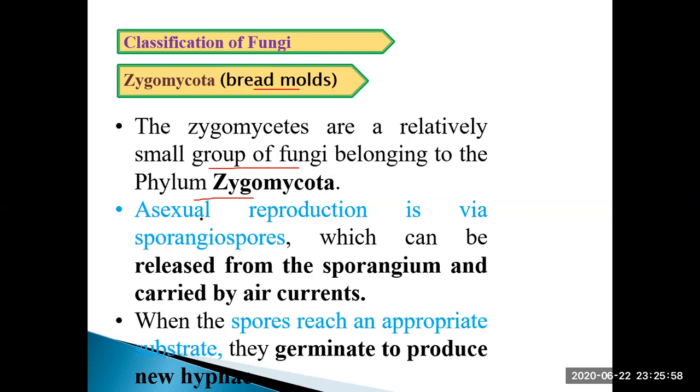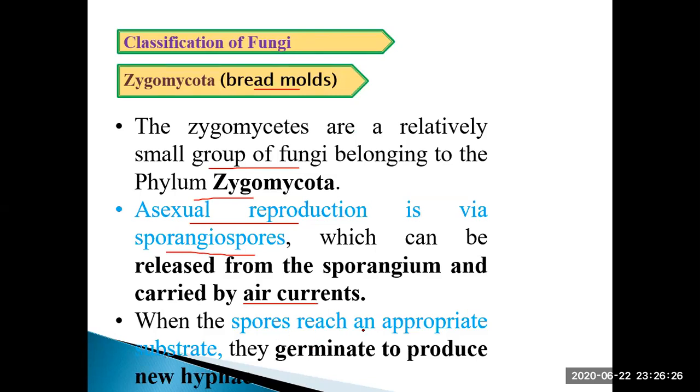Mostly in Zygomycota, asexual reproduction happens through sporangiospores. That means a sporangium is present in Zygomycota. From this sporangium, sporangiospores are produced, and these sporangiospores are carried by air currents. Then they can reproduce again and again.